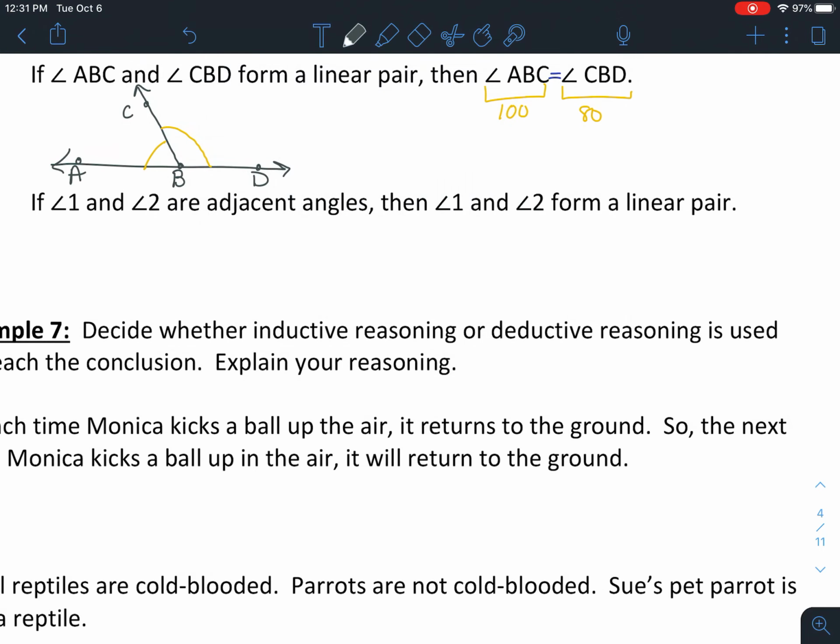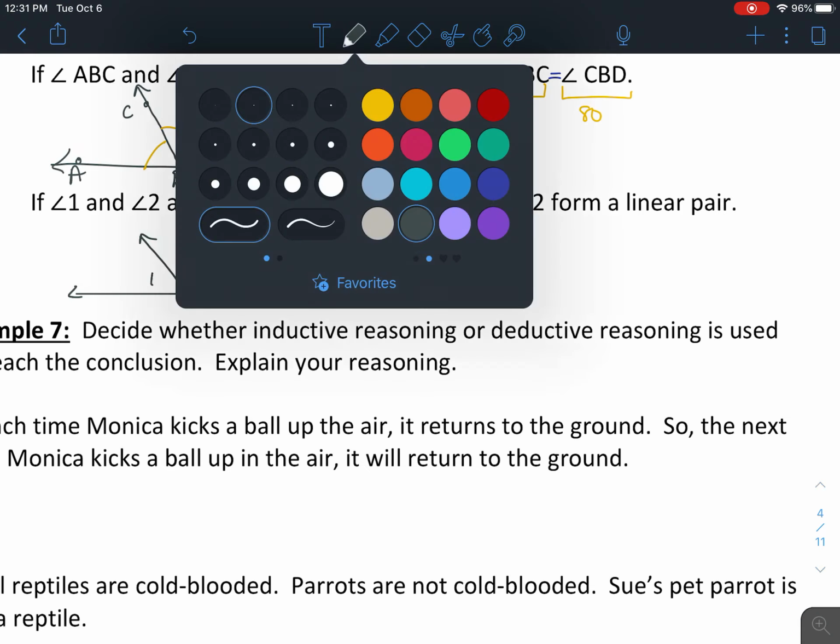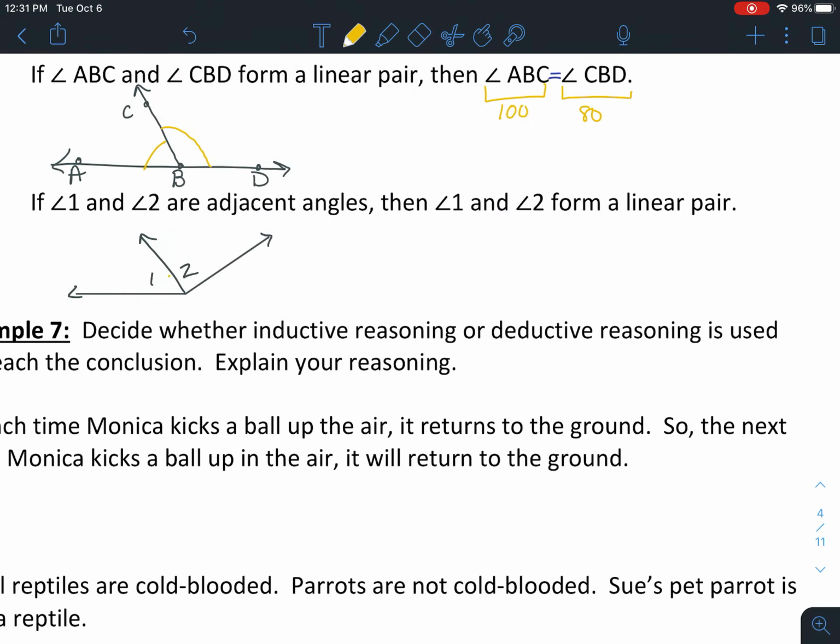All right, angle 1 and angle 2 are adjacent angles. Remember, that just is two angles that are next to each other. So I'm going to draw my two angles. That's angle 1 and that is angle 2. They form a linear pair. Well, right here I just drew two angles that are adjacent. They're right next to each other.